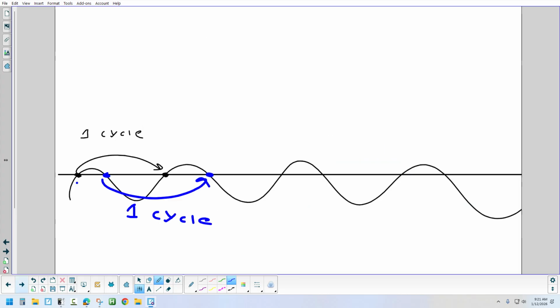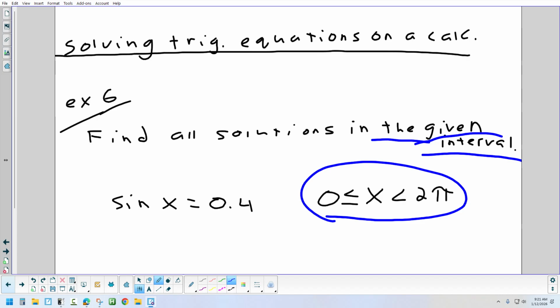But understanding that these answers are going to repeat again later on is important. That's how we're going to be writing all our answers in the future. But for now, we'll just find the answers in that window.